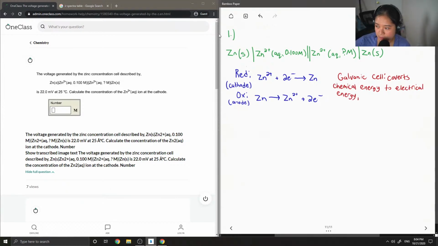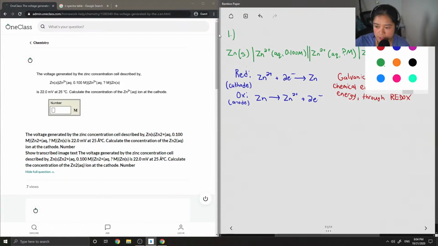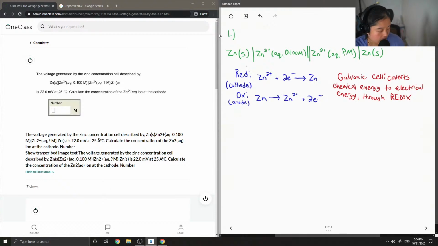And this happens through spontaneous redox reactions. Okay, so now that we know that, I'm also going to write down what was given in the question.